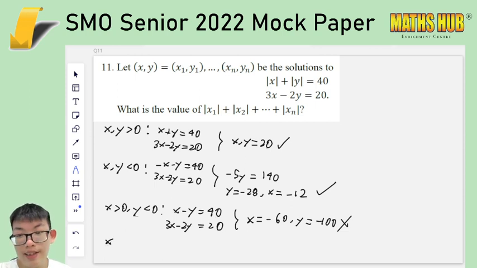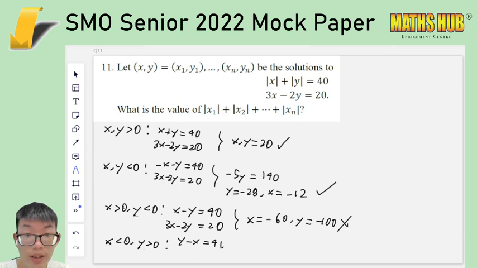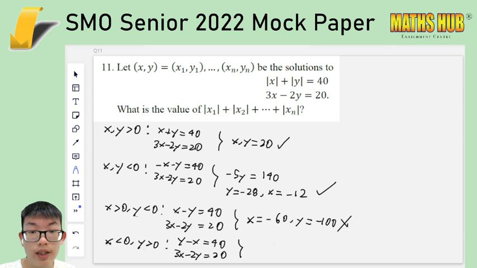So one last case, if x is less than 0, y is greater than 0, y minus x becomes equal to 40. Same second equation again. And we can add 2 times the first equation to the second, which would give us x equals 100 and y is 140.